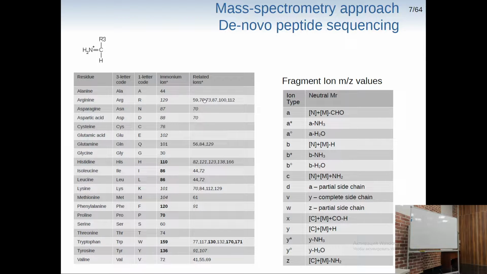What I want to discuss here is that we've discussed different types of mass spectrometers, and I've stressed that some of them differ in being able to see those small m over z ratios.